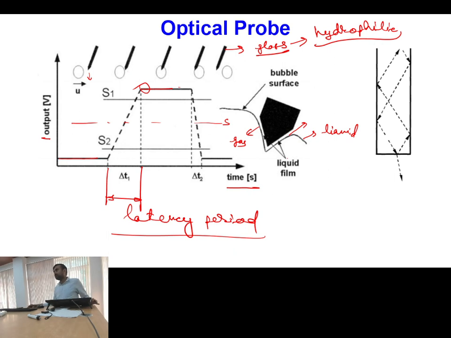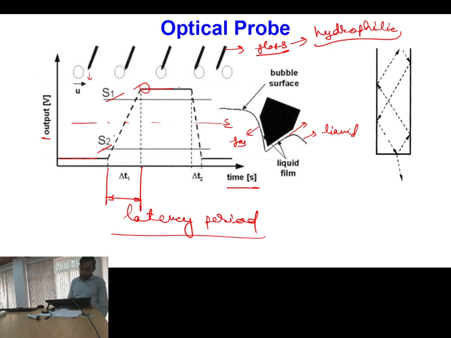So because of this, rather than defining a common cutoff criterion below which we say we have liquid in front of the probe and above which we say we have gas in front of the probe, separate cutoffs S1 and S2 can be decided.